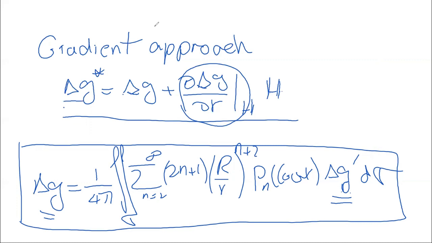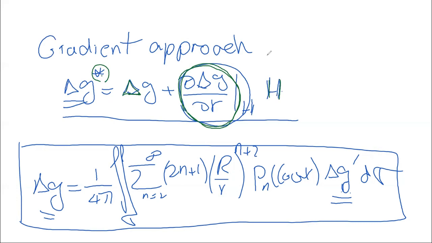Then you come to the gravity at the boundary. The problem here is just to compute this derivative. This value is given at the surface, and this one is at the boundary. H, the height, we need to know.